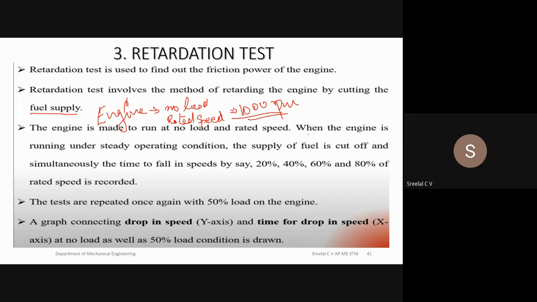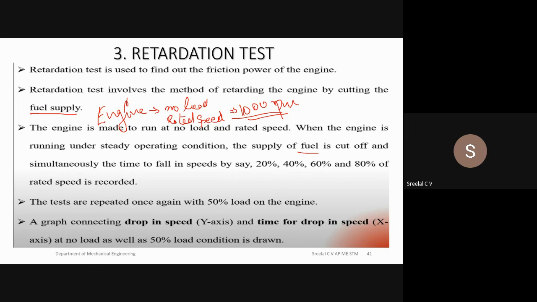Then, for steady conditions, we will cut off the supply of the fuel. Then we will take the time for the speed to fall by 20, 40, 60 and 80 percent of the rated speed.